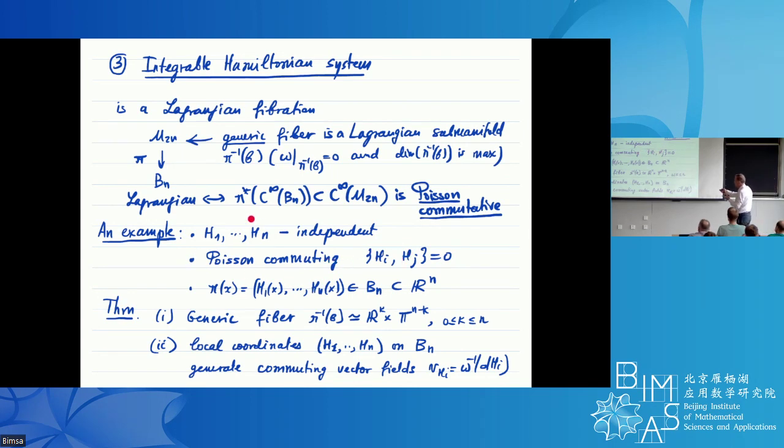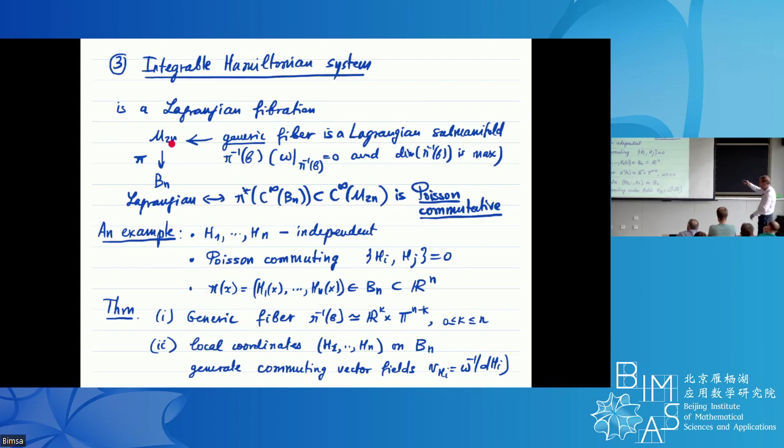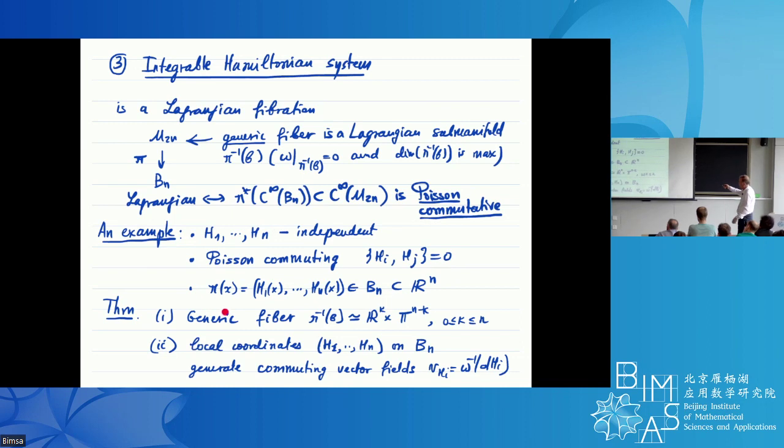And here's an example of it that you typically find in textbooks. Suppose that you have n independent functions which are pairwise Poisson commuting. Then this setup is simply given by level surfaces of these functions.